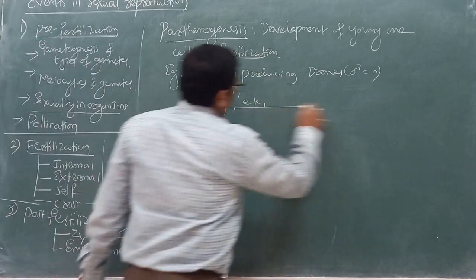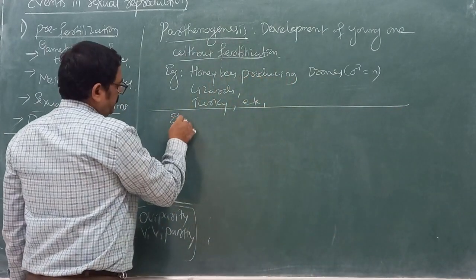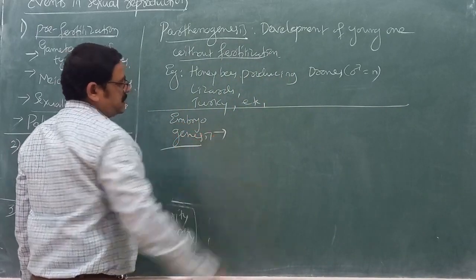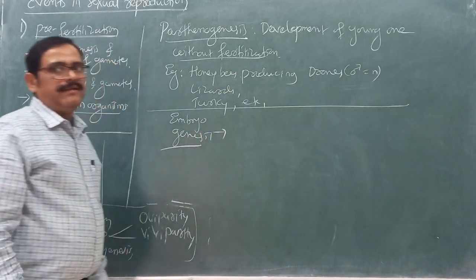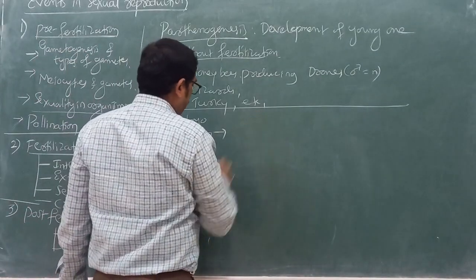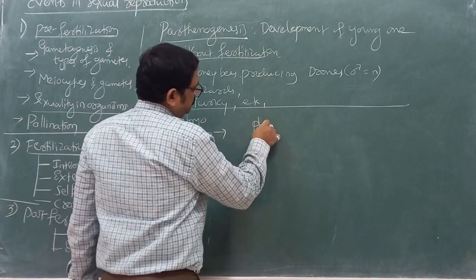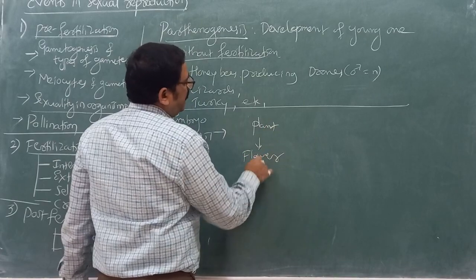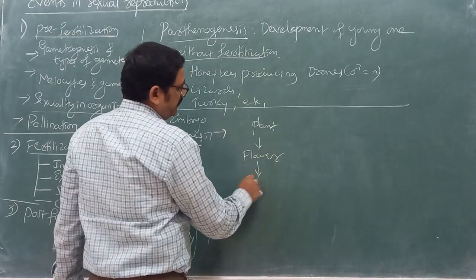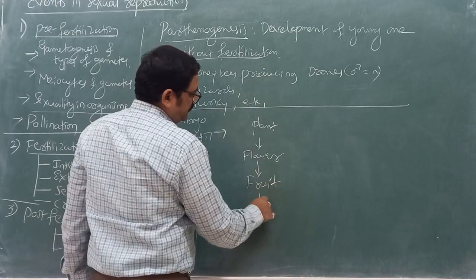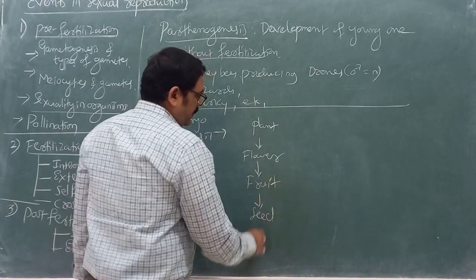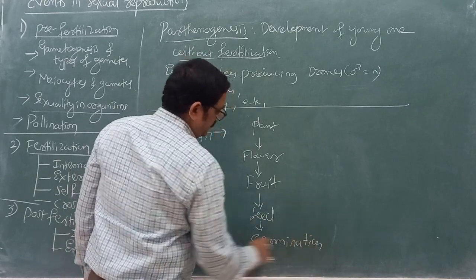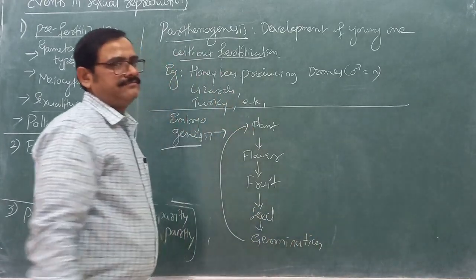Now we need to understand, yes, embryogenesis. What is this embryogenesis as such? Development of the embryogenesis, or change that can happen mainly in the plants. What we have seen, there is a plant that produces the flower, undergoing pollination, may become the fruit, develops the seed, undergoes germination, by germination it develops into again plant.